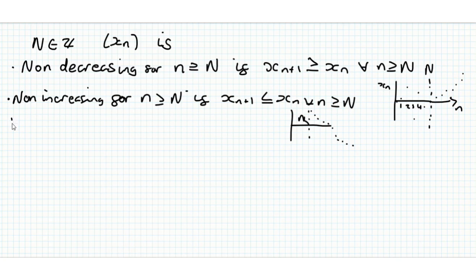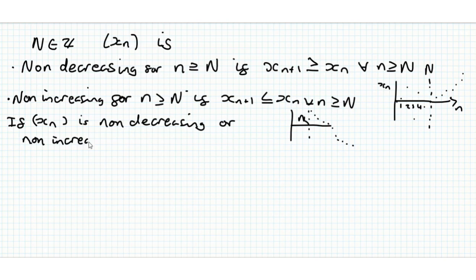So if xn is non-decreasing or non-increasing, for n greater than or equal to N, then xn is monotone.